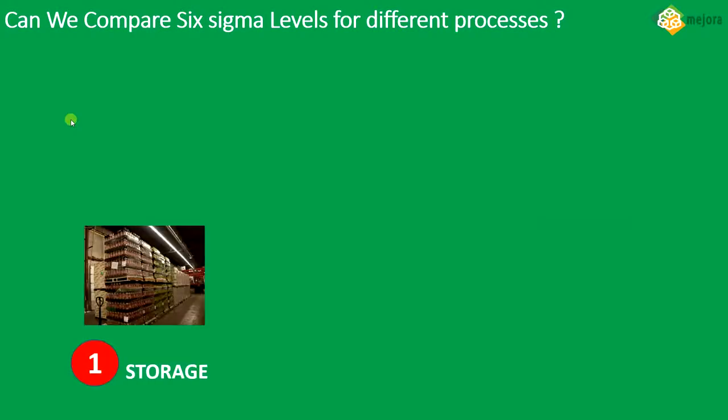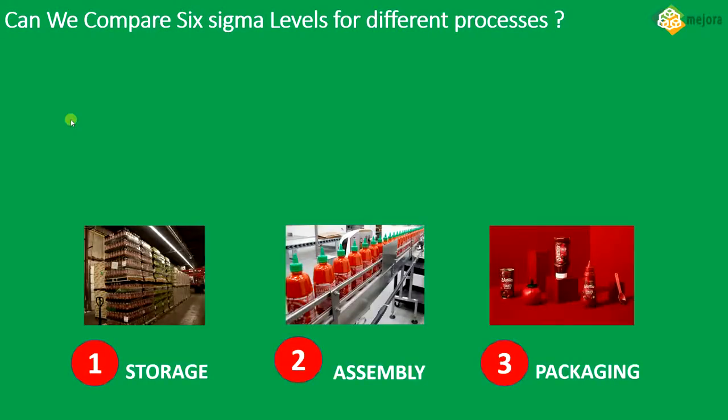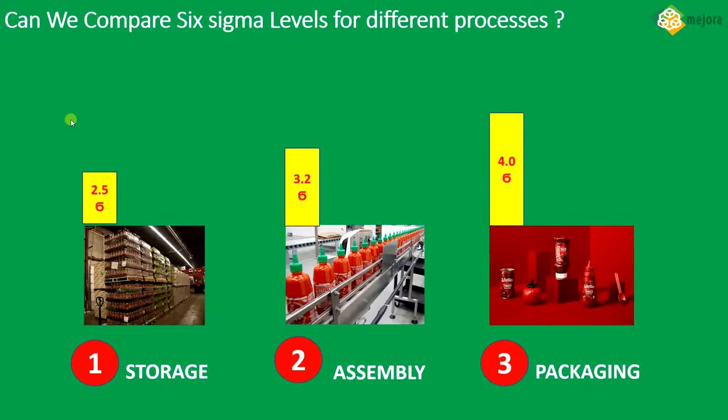So let's take the same thing with a different view now. Storage, assembly, packaging, we have 2.5, 3.2 and 4.0. Now suppose we have to improve the storage process or assembly or packaging. The cost we will incur in storage is this much, right?